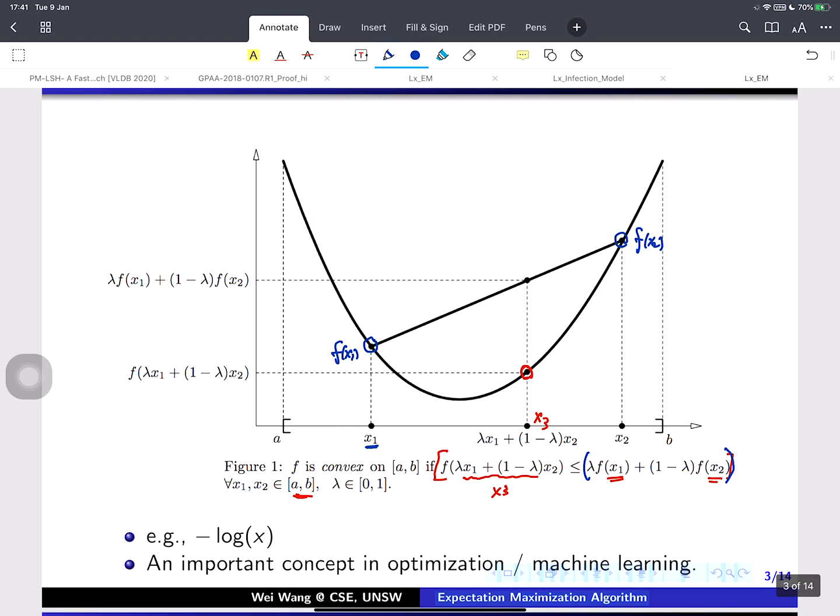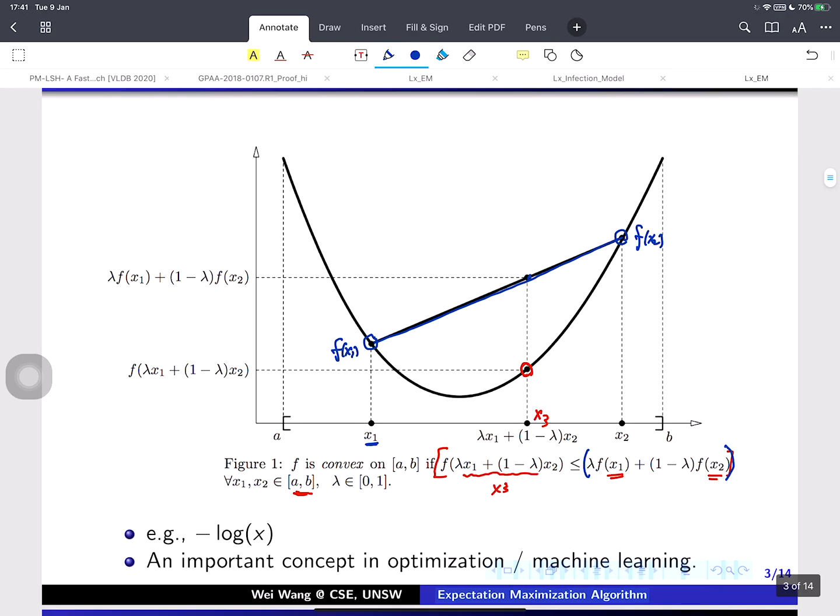If you want to find a point on the linear line, which is on this line, it's going to be this one for a particular lambda.